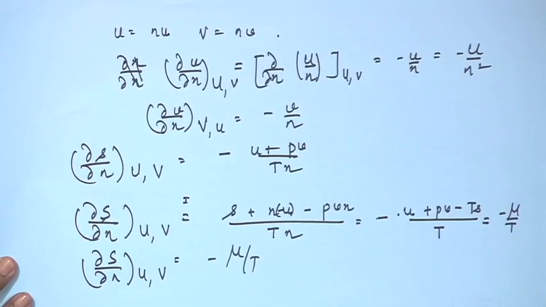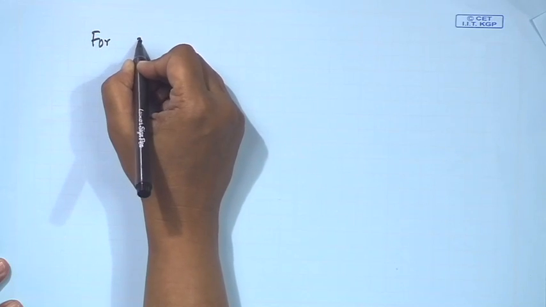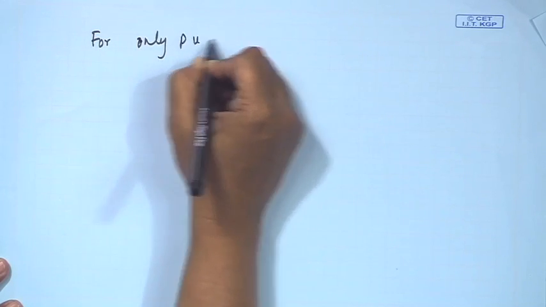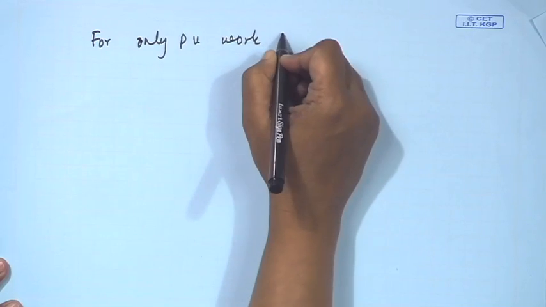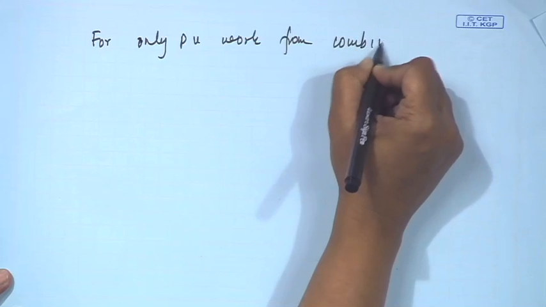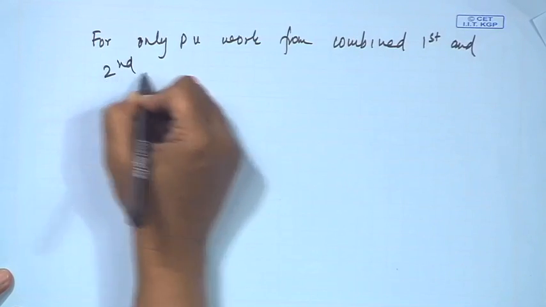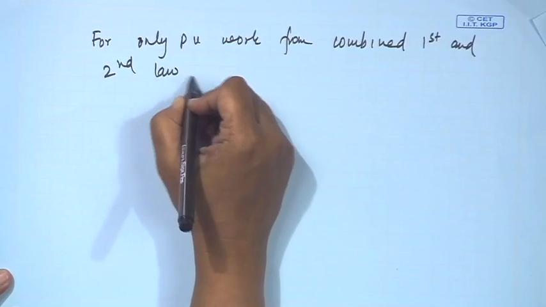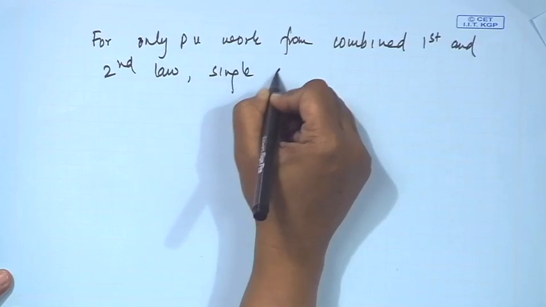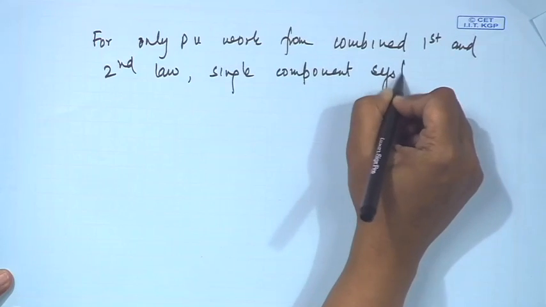So therefore the combined first and second law for open systems with only PV work, and single component system, for all these conditions, what do we get?